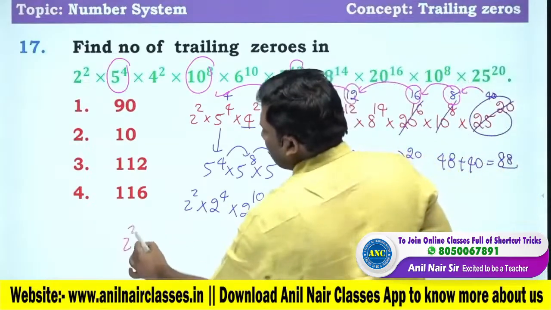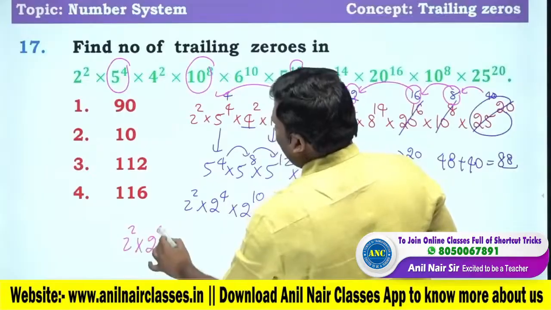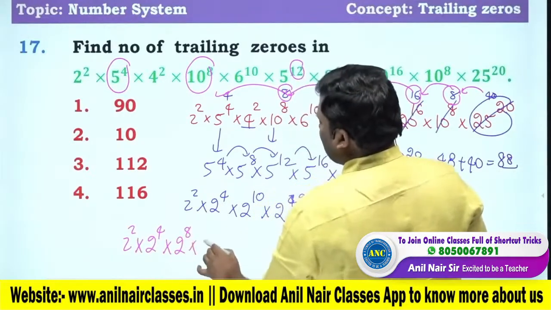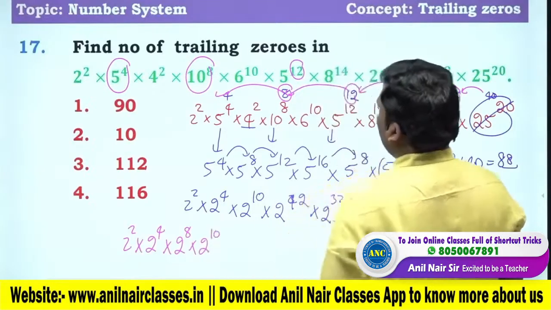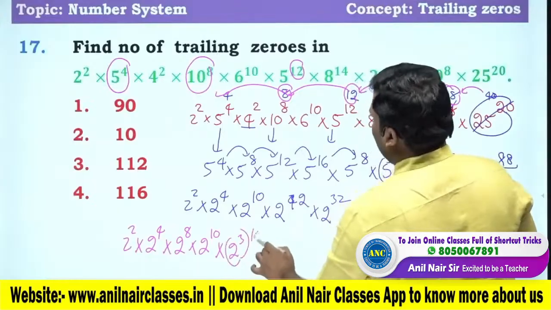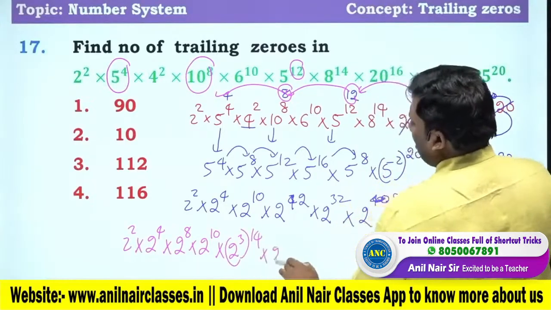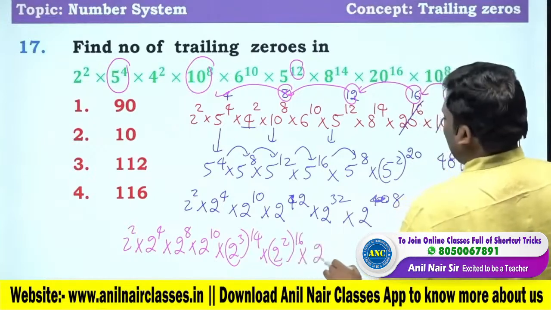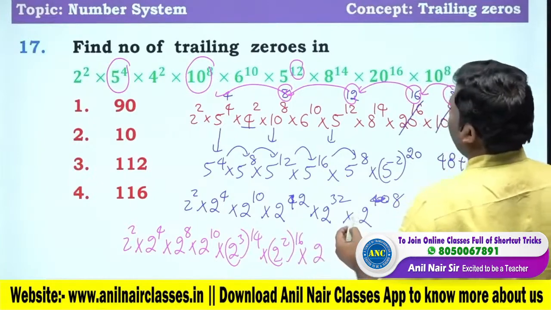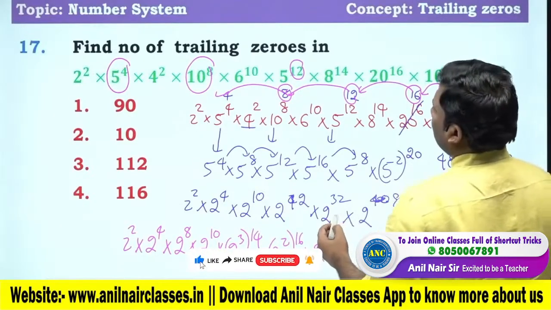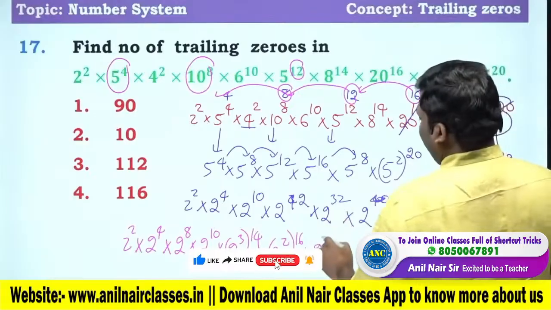2 square into 4 square is 2 power 4. 10 is 2 power 8. 6 is 2 into 3 power 10, 2 power 10. 8 is 2 power 3 power 14. 20 is 2 square, into 16. 10 is 2 into 5, 2 into 5 power 8.